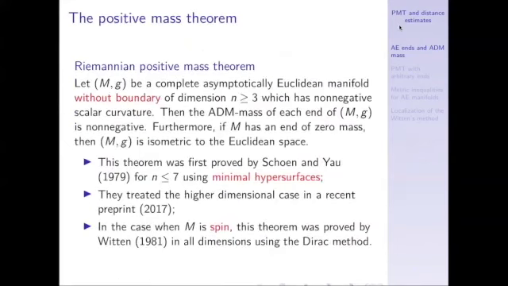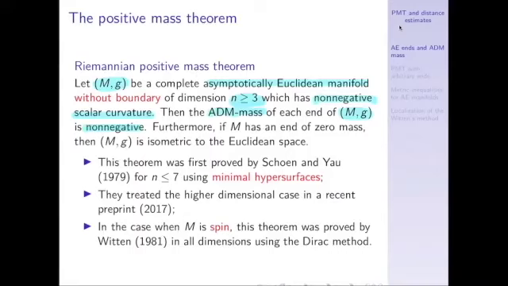We now state the positive mass theorem. So suppose that (M, g) is a complete asymptotically Euclidean Riemannian manifold without boundary of dimension at least 3, which has non-negative scalar curvature. Then the ADM mass of each end of M is non-negative as well.